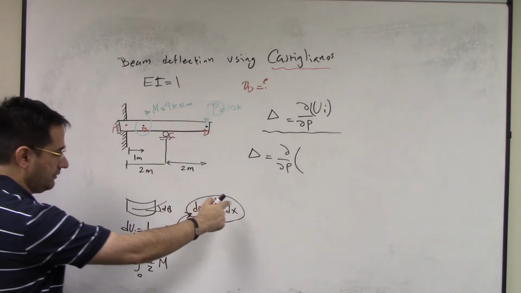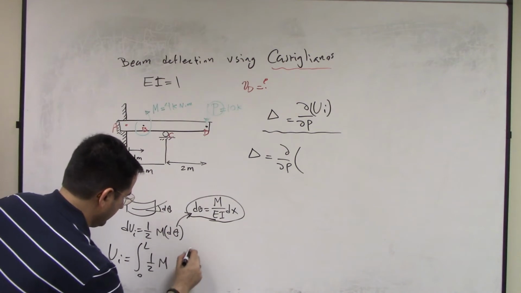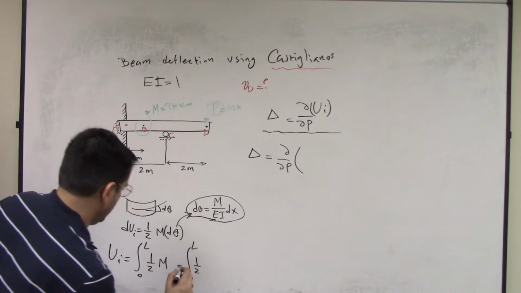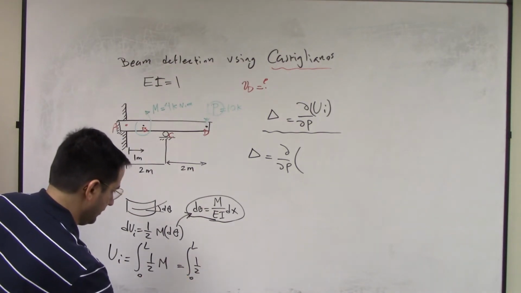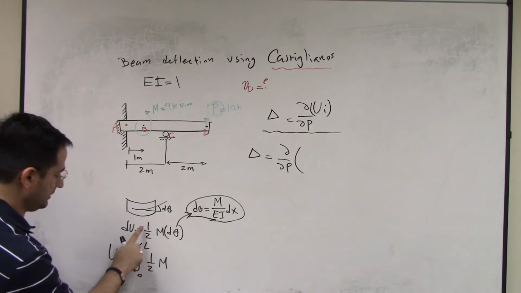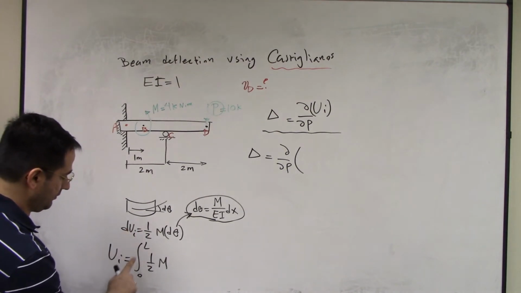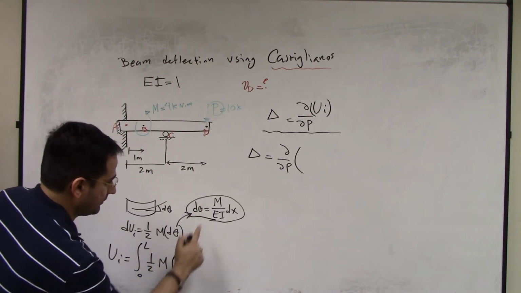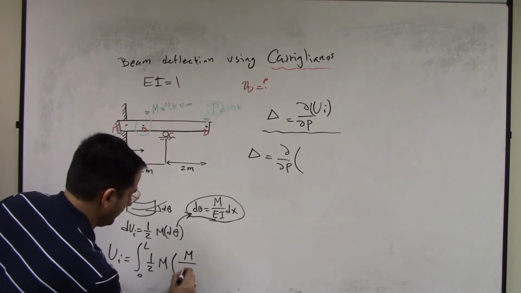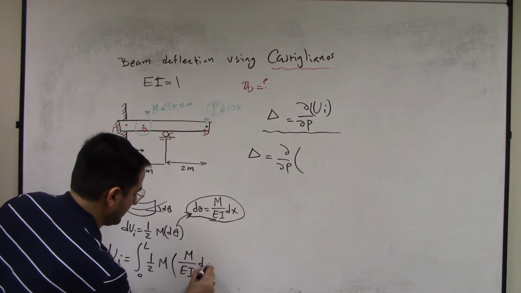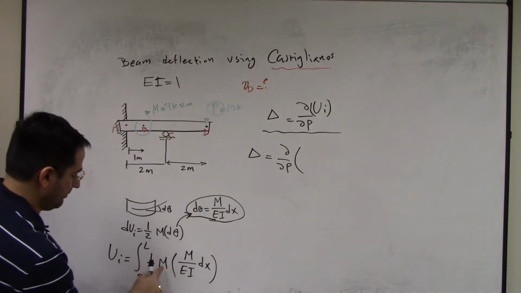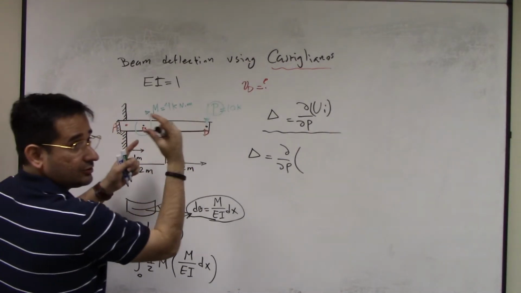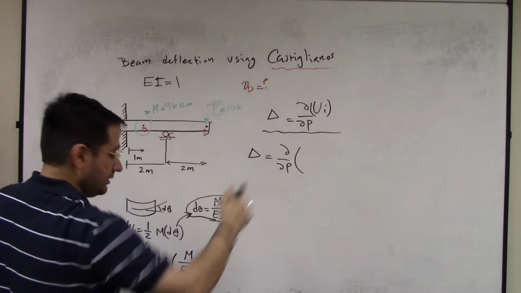So if you put it back here, then we get the integral from 0 to L of 1 over 2 M, now instead of d theta, I put M over EI dx. This is simply d theta, and then add all this infinitesimal energy stored in tiny slices, right, to get the total energy.